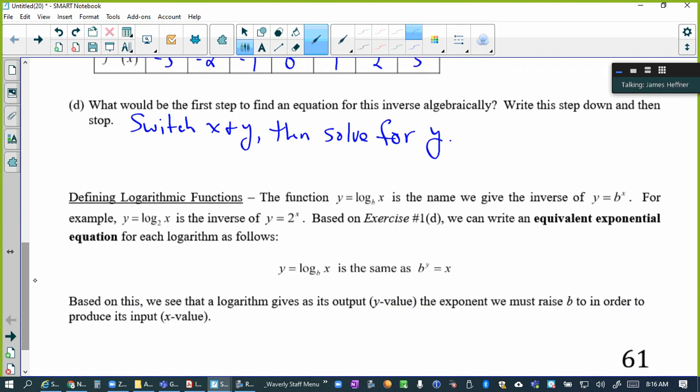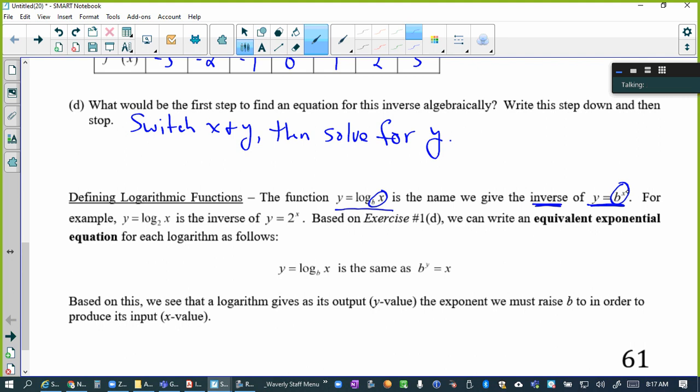Down here they do what I gave you on the notes page, not quite as clearly. They have y equals log base b of x. Whatever number is in the b is the base of that function. It's the name we give to the inverse of b to the x. Notice the b is the base and x is the exponent, and how that lines up with log base b of x.